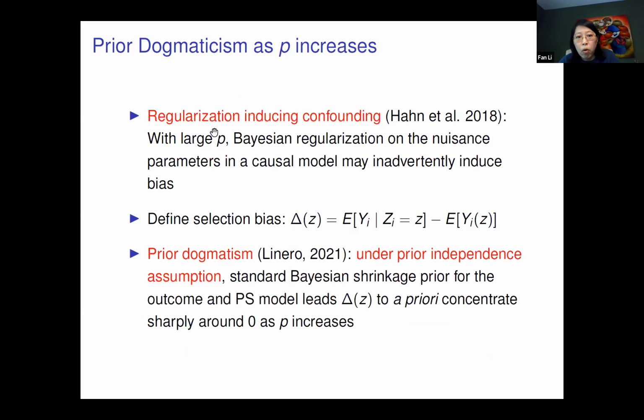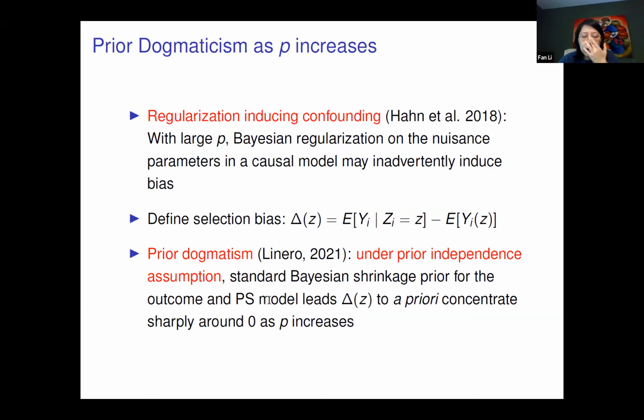And the second important point is that in the high dimensional regime, after doing the Bayesian regularization on the nuisance parameters, where sometimes we don't really care about most of the variables, the regularization on those nuisance parameters in a causal model can actually induce bias itself. This is so-called regularization-induced confounding.